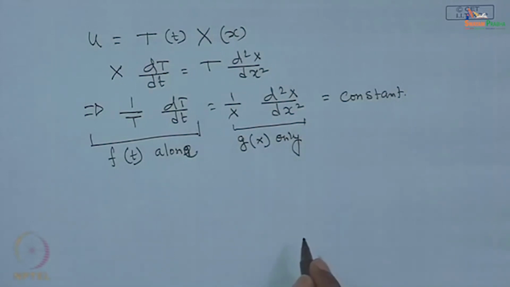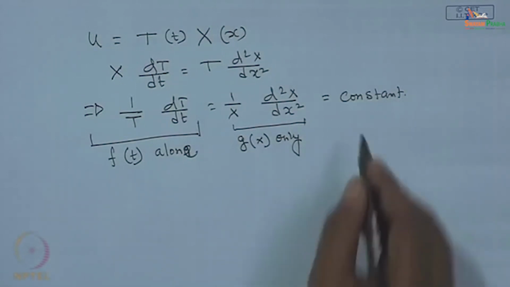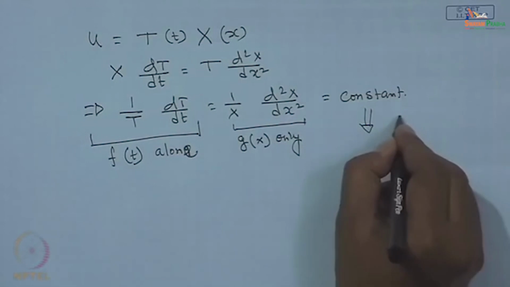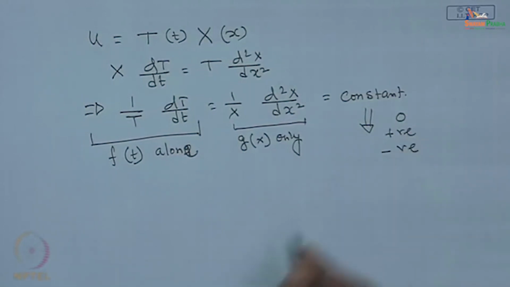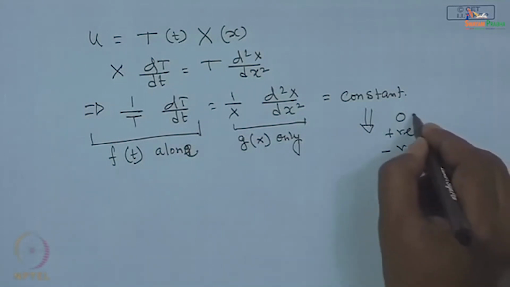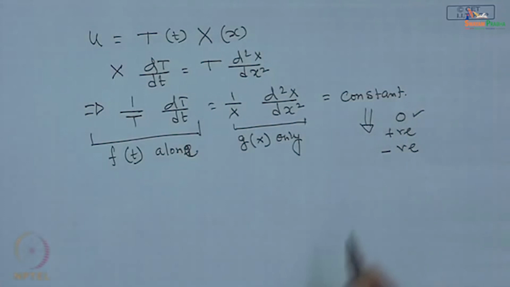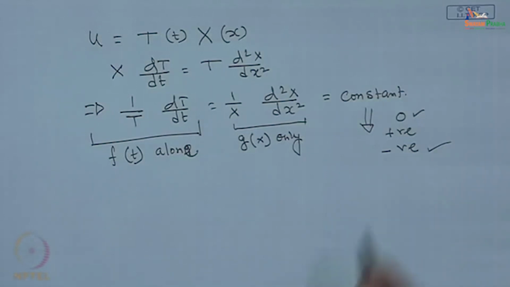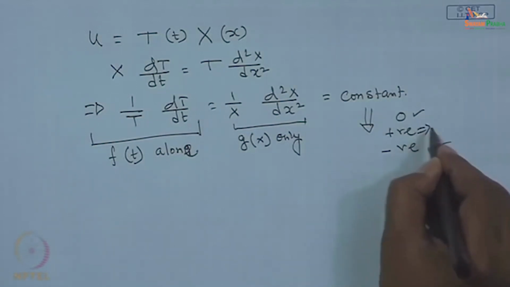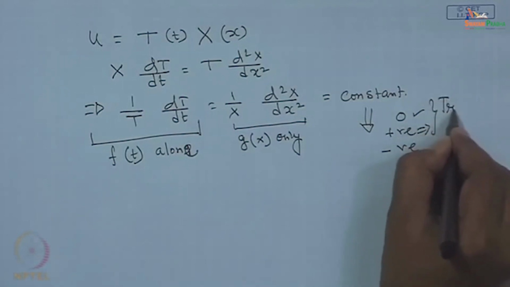And we have seen earlier that this constant can have 3 options: it can be 0, positive, or negative. We have already seen earlier that if this constant is 0, then we are going to get a trivial solution and we are not looking into that, and if this constant is positive, then also we will be getting a trivial solution.